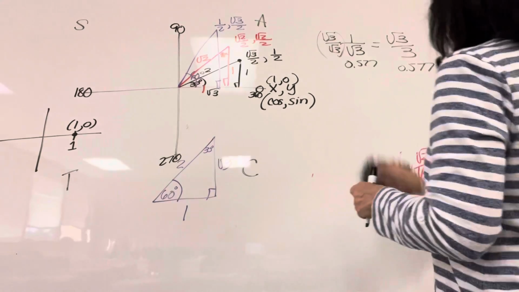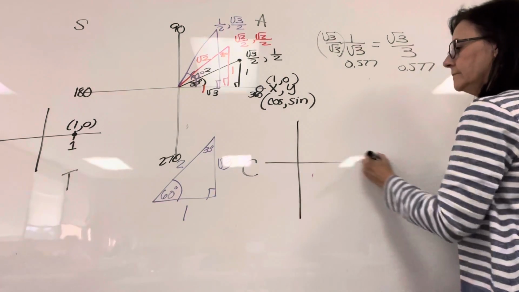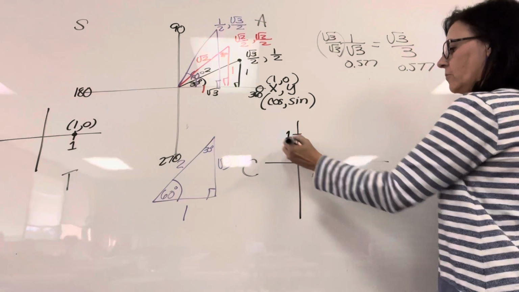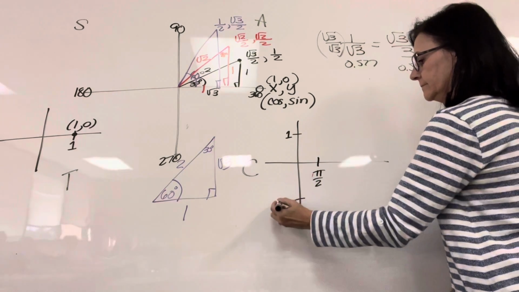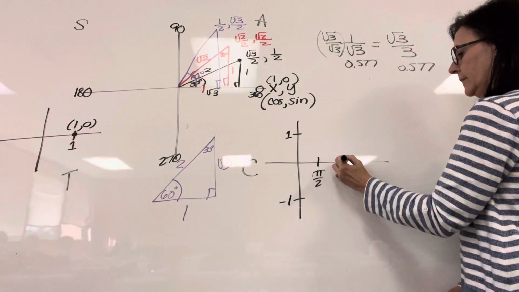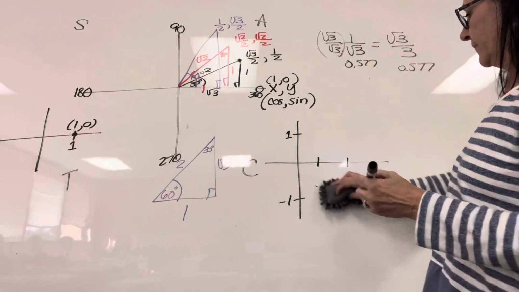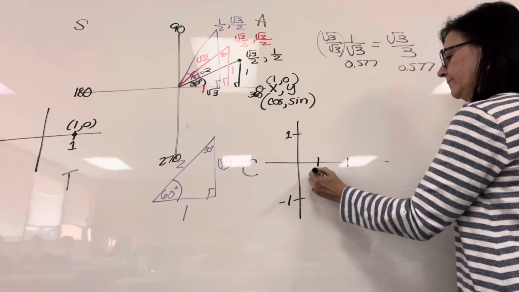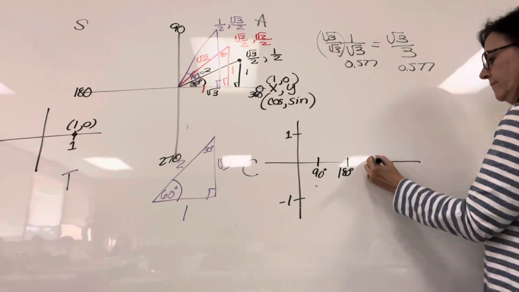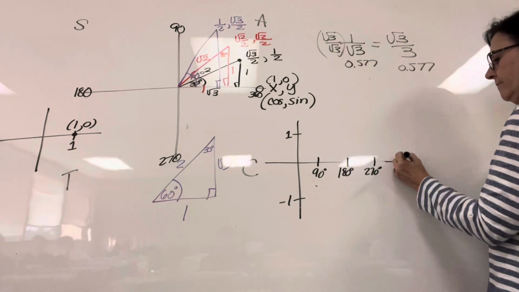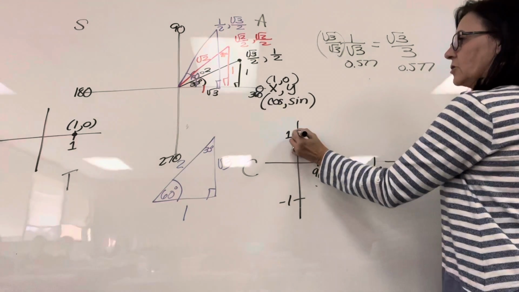Sine counts up. Okay, let me tell you why. Look what the graphs look like. The cosine starts at 1. I should write degrees. This is degrees. All right, it starts out at 1.